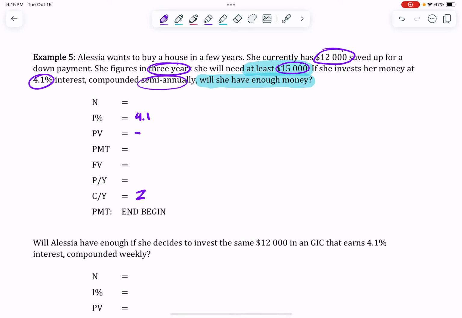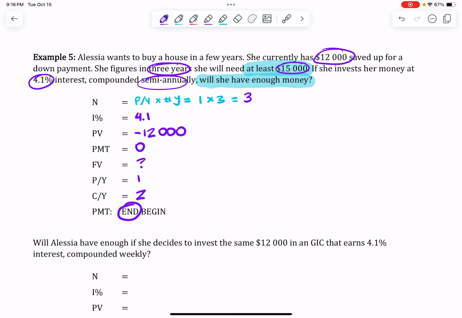That is a negative value because it's leaving her wallet and going into this account. We are looking for the future value. Okay. PMT, there is no repeated payments. By default, PY would then be 1. PMT would be end. And then when I take a look at my N, of course, that is PY times my number of years, which is the same as 1 times 3, which gives me 3.